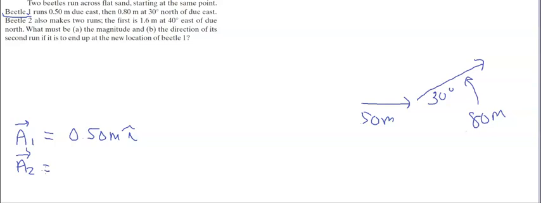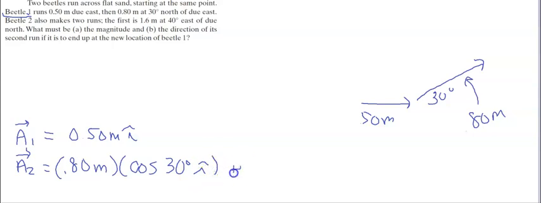To get the i component, we're going to multiply 0.80 meters by the cosine of the angle, which is 30. And we're going to get the j component by taking 0.80 meters times the sine of 30.